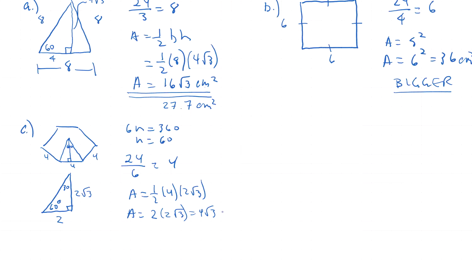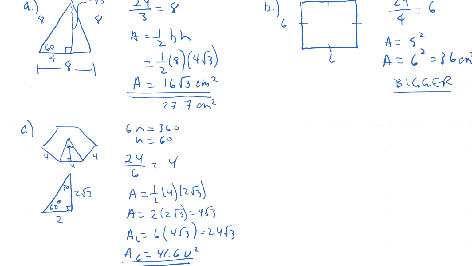And that's just one triangle, so I want the area of 6 sides, so that's going to be 6 times 4 root 3, which is going to be 24 root 3. And it looks like we need an approximate answer, so I'm going to take 24 times root 3, and I get that the area of 6 sides of a regular hexagon is 41 point, we'll say 0.6 units squared.